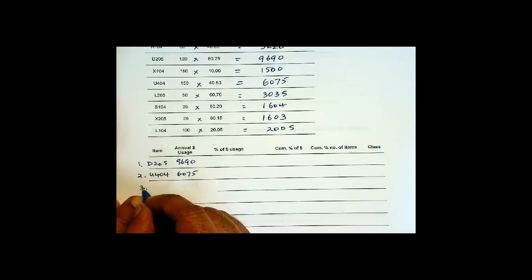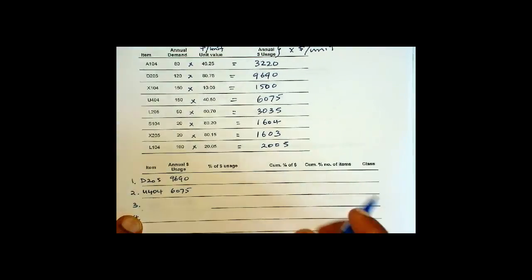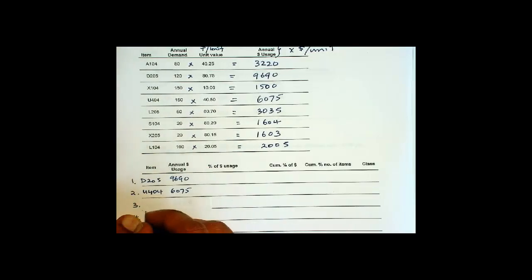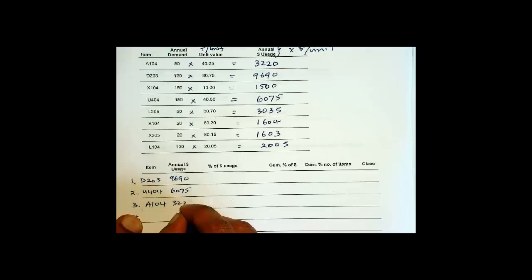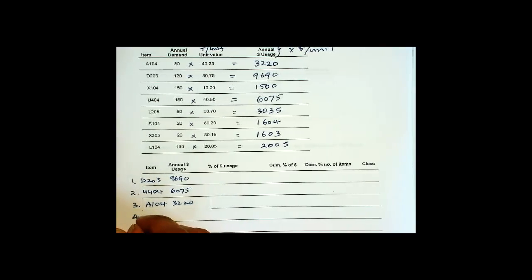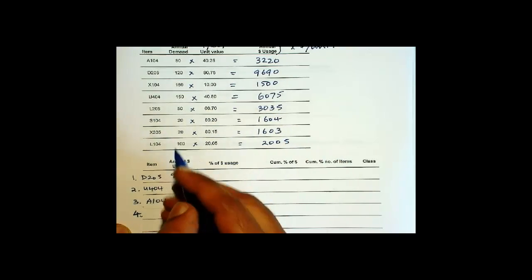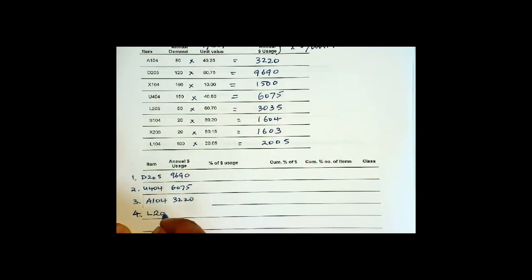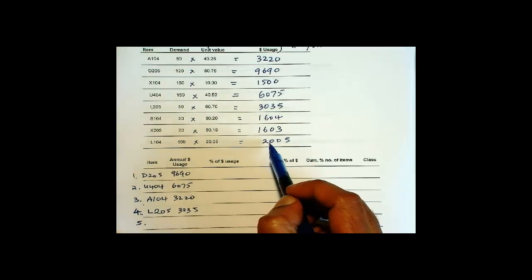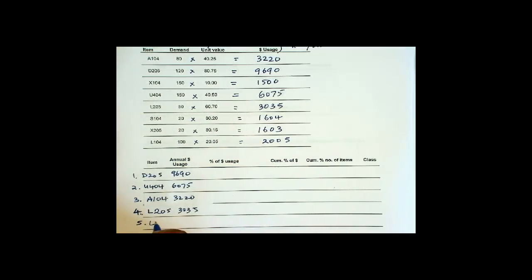Next is 3220. So that is A104, 3220. And then the next item is that one, L205, 3035. And then the next is that one, L104, 2005.